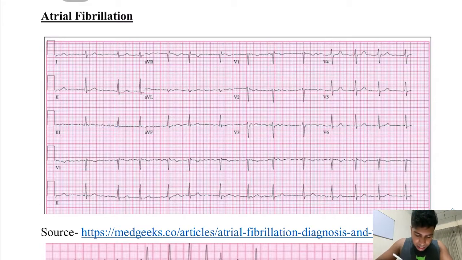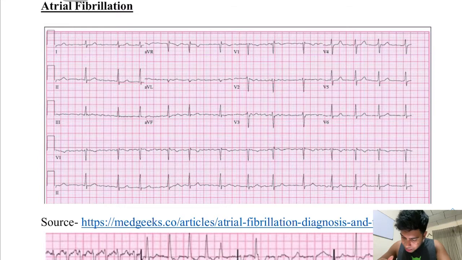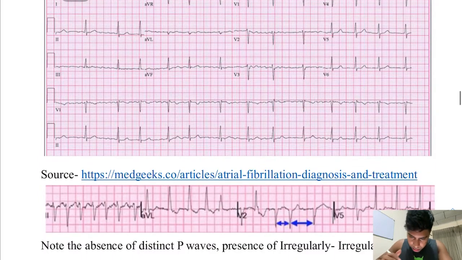Okay, and one more thing I need you to know, if you look carefully, you will see that the rate is not constant. See, this is an irregular wave. Okay, there's around 4 boxes here. There's around 3. This is a bit more than 3. It's irregular.